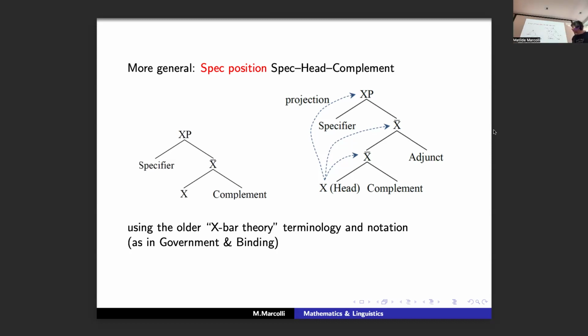Yeah, by their position, right? Because you have binary trees, the terminology is that spec, head, complement is whatever stands in this position with respect to the structure of the tree.